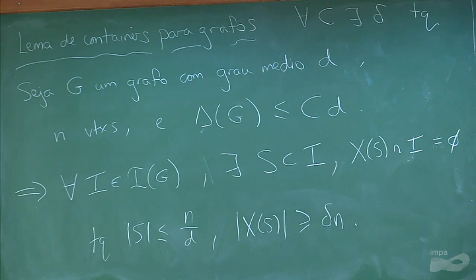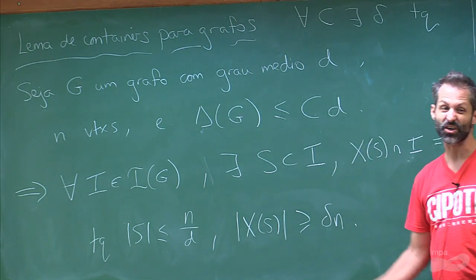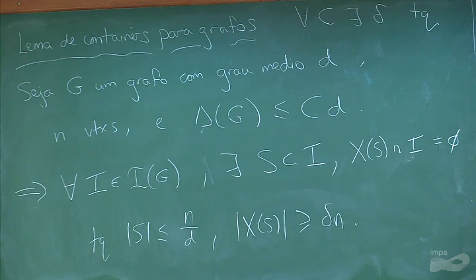So if we've thrown away more than half the edges, and every vertex has degree at most a constant times the average, then we must have already thrown out at least a constant proportion of the vertices. So I write that.